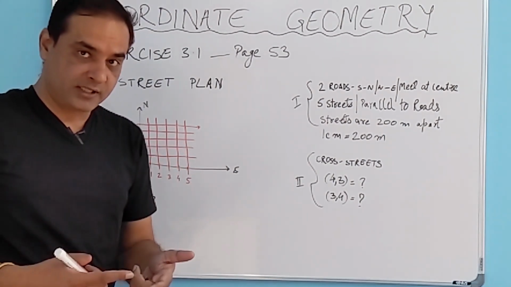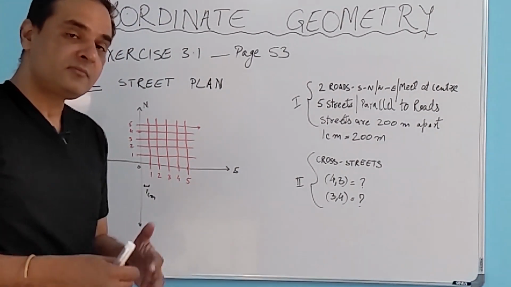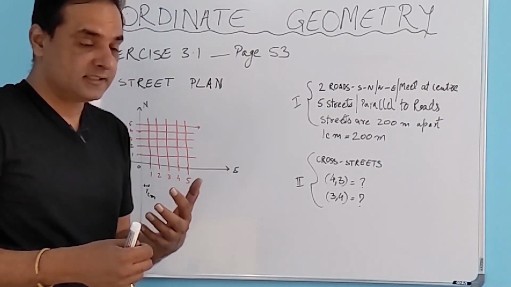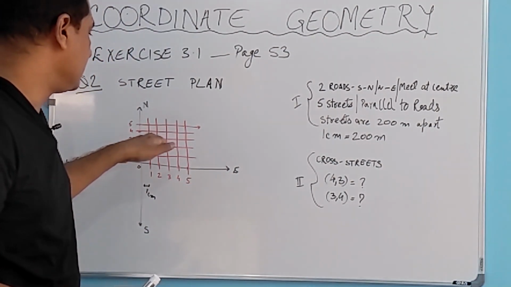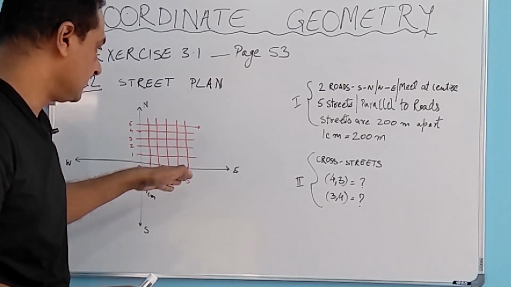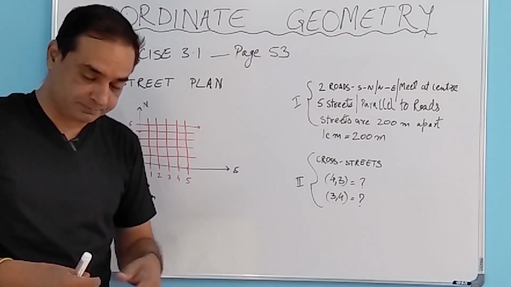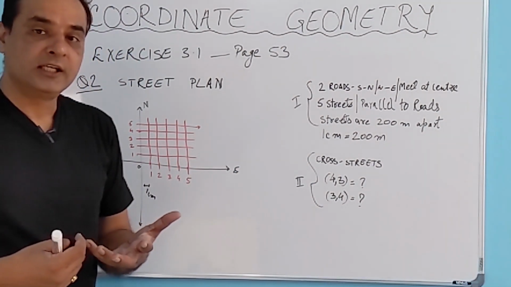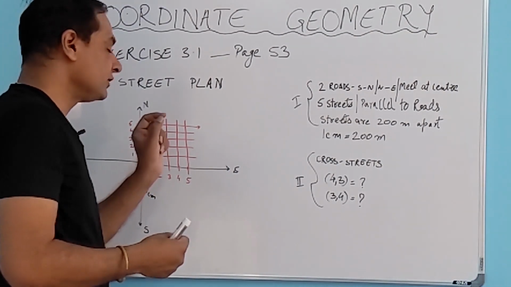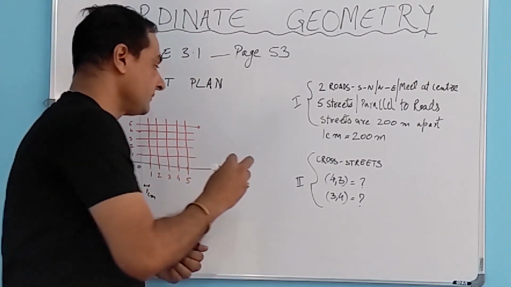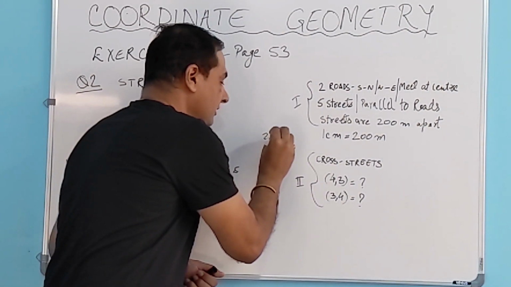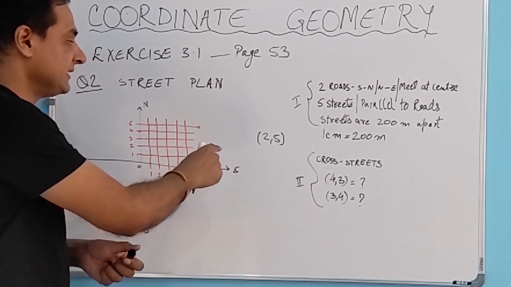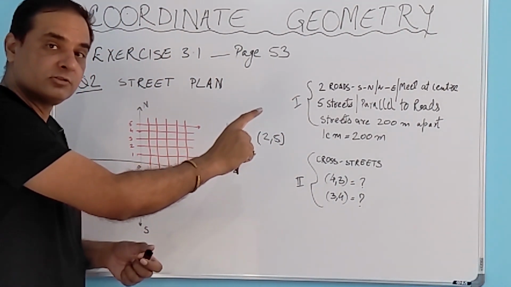Now there is a second part to the question where it is given that where these streets meet each other, that is known as a cross street. So by definition, in the question it is given 2, 5.